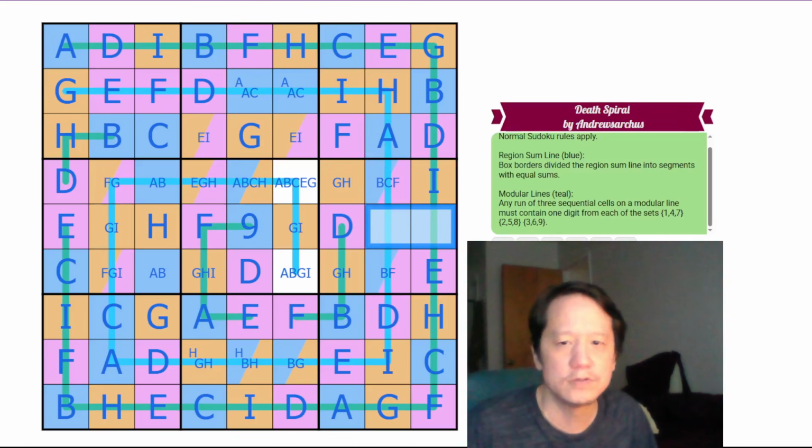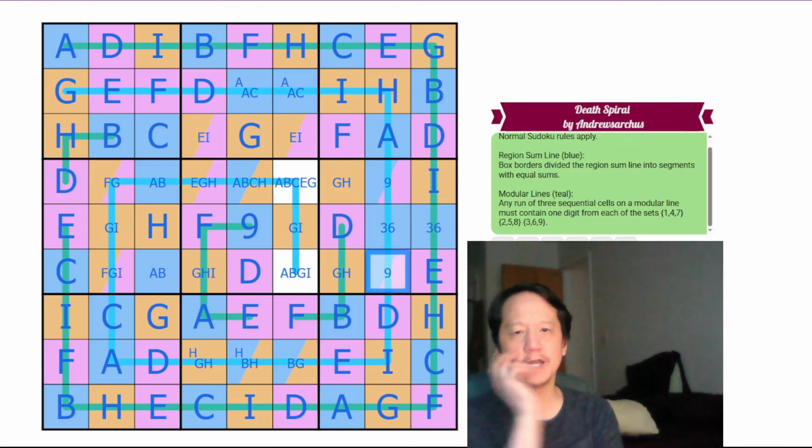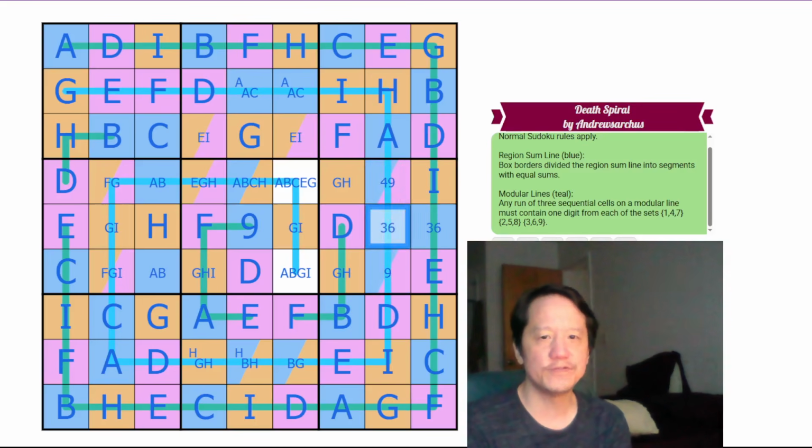That's interesting. Which means 9 has to be here. So one of these is 9. So we add up to 16 would be 3, 4, and 9. Or 6, 1, and 9.